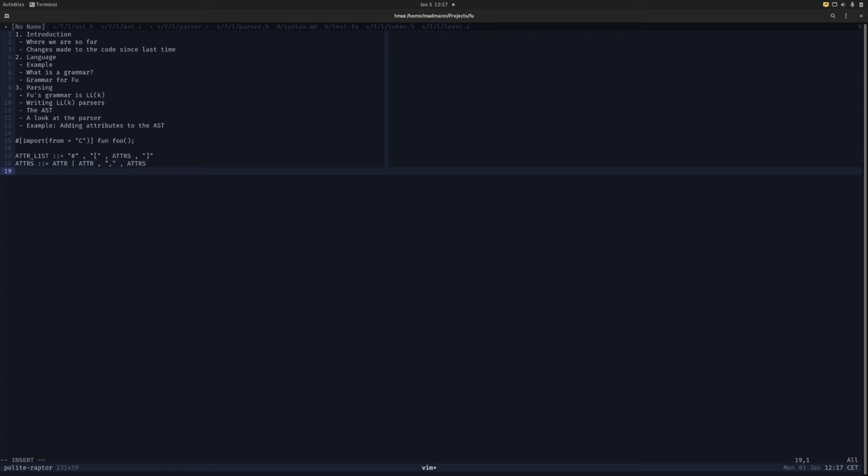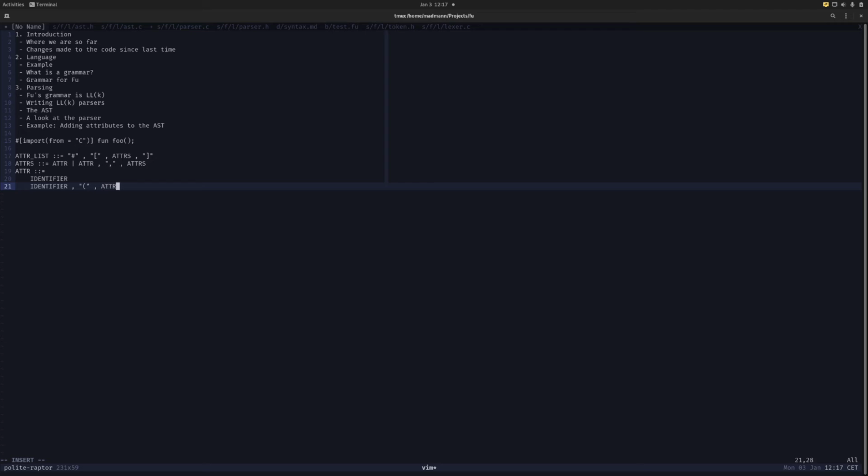And then I can say that an attribute is either just a name, so identifier, or it's an identifier followed by parentheses for the arguments of the attribute.